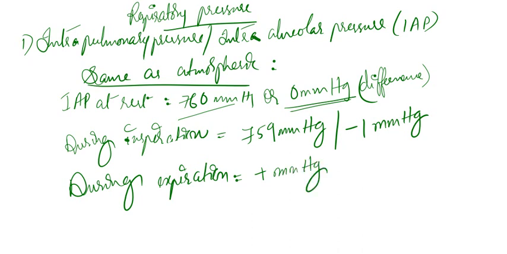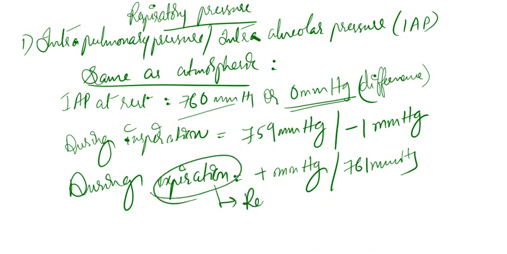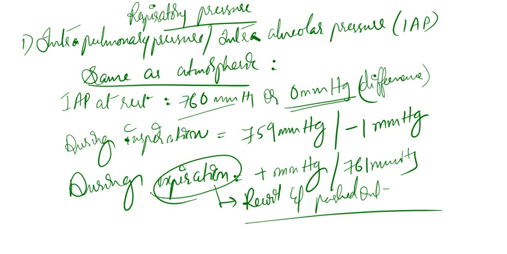The difference is plus 1 mm Hg, or 761 mm Hg. I already discussed that expiration is due to lung recoil and air gets pushed out. So this is all about the lung pressure explanation. Okay, you got it, everyone?